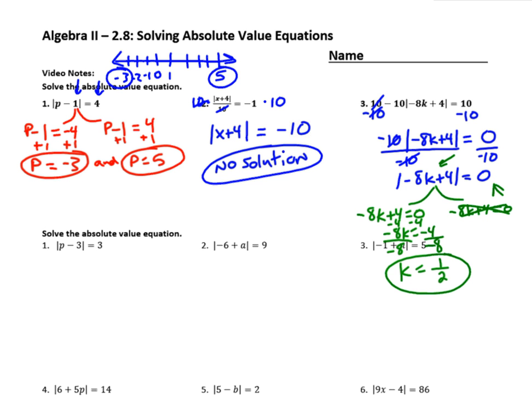Okay, so I'm showing you all three different options. You could either split it and solve. You could get a no solution if it's equal to a negative, or if it's equal to 0, then you really have no reason to split it because 0 and negative 0 are really the same thing. Okay, so those are possible answers. You can get 1, 2, or have no solution as you're going through.